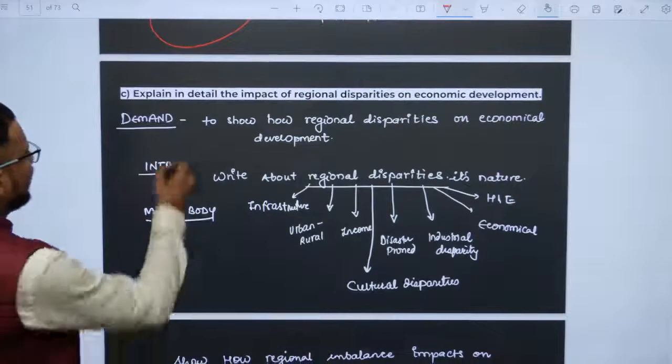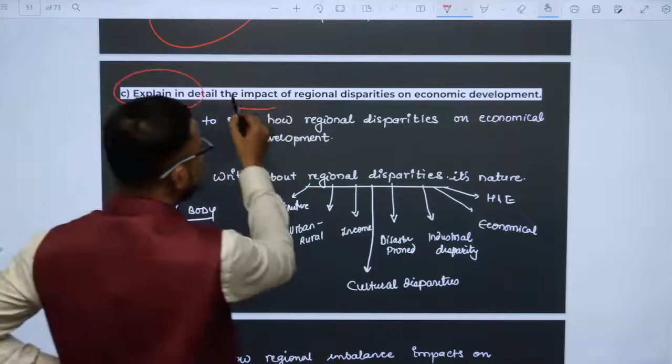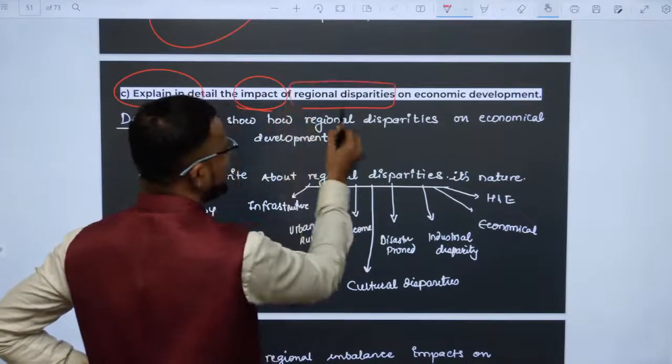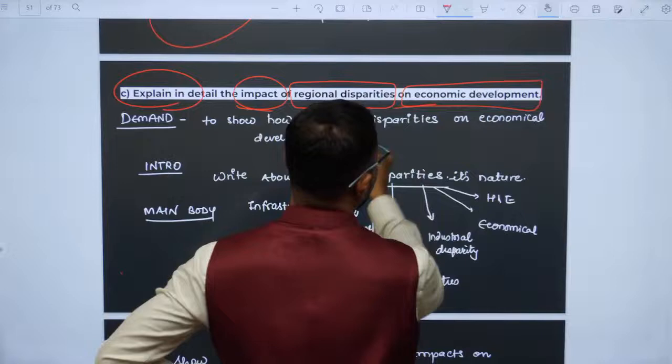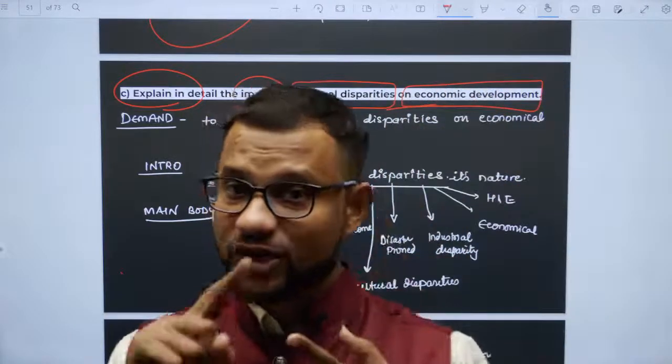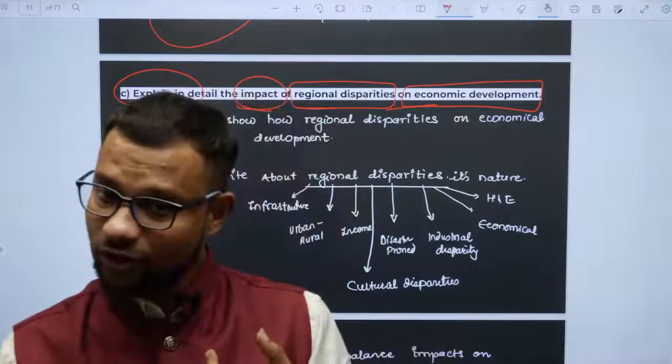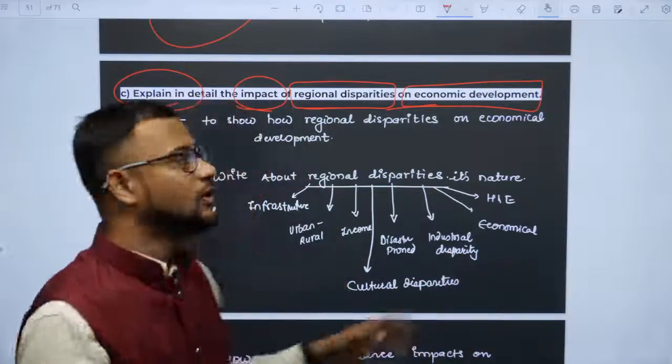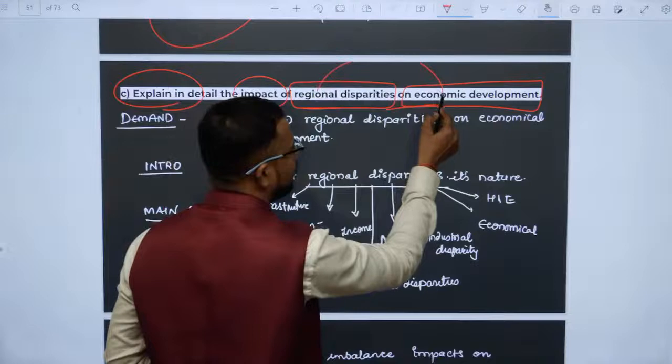Then, explain in detail the impact of regional disparities on economic development. Have a look, guys. Earlier question was transportation accessibility on economic development, and now regional disparity on economic development.